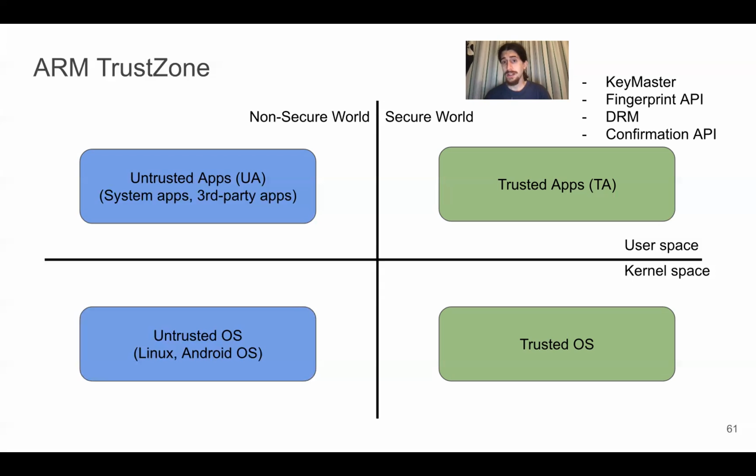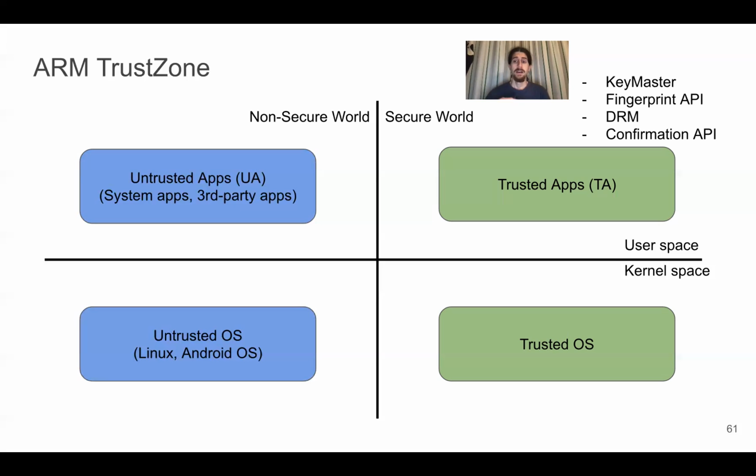There is also a DRM component, data rights management, so that, for example, if you watch Netflix on your phone, Netflix can download the content encrypted, and it is decrypted only in this trusted app, the DRM app, so that it is more difficult to extract the decrypted content of Netflix and store it and forward it around.